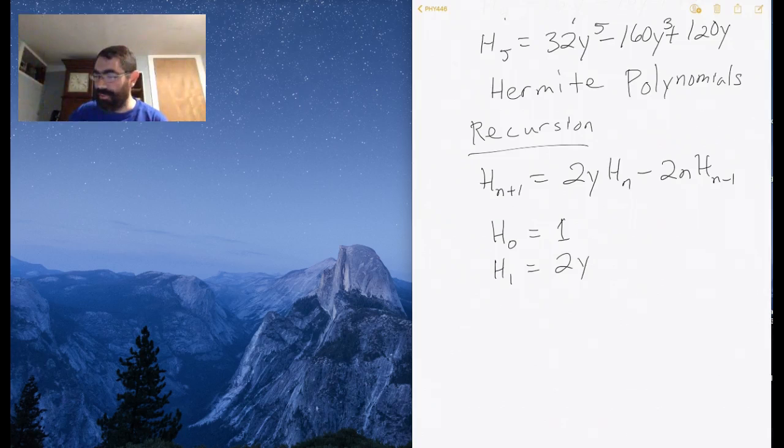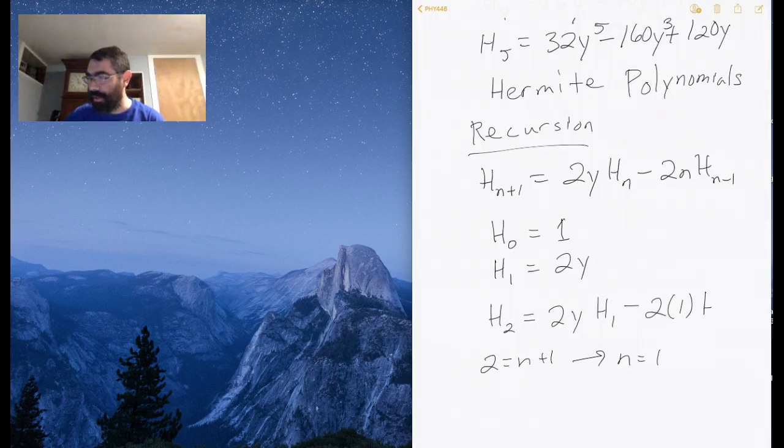So in this case, what we're trying to find is H2, and that's when 2 is equal to n plus 1. So n is actually equal to 1. So that means we have 2y H1 minus 2 times 1 times H sub 0.